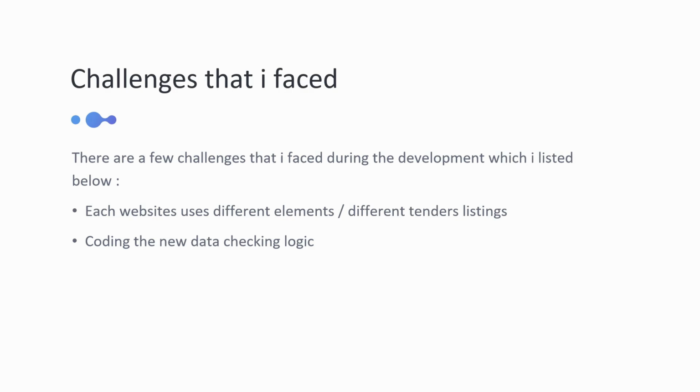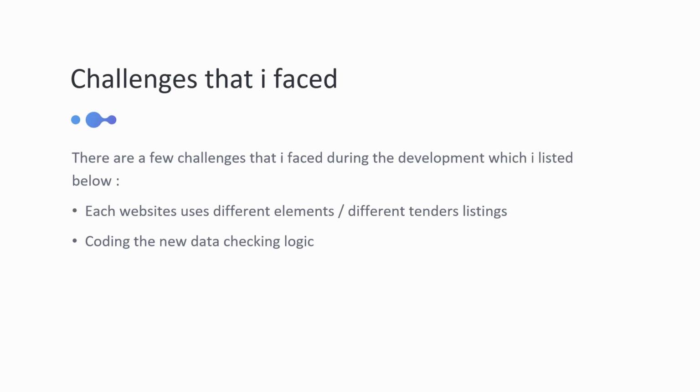And the next challenge that I faced was to code the new data checking logic for the program. I was having a hard time doing it since I have never done it before and I had to think of a way the program can detect that there is any new data available.